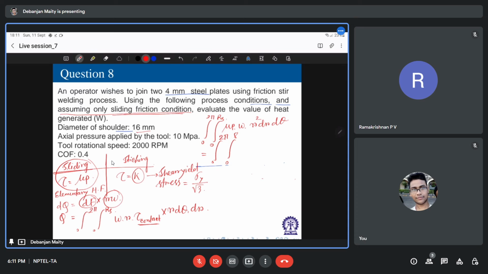And omega is 2 pi n by 60, which is not a function of r or d theta, and mu p is also a known value. So yeah, we can keep it outside of the integration. Mu p 2 pi n by 60, 0 to 2 pi, 0 to 8, r square dr into d theta.